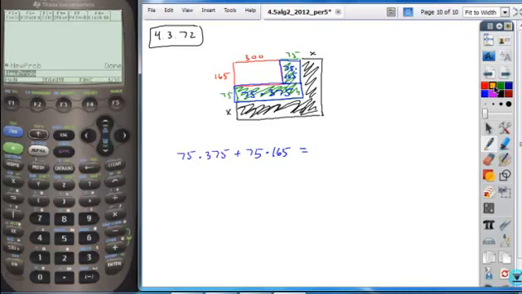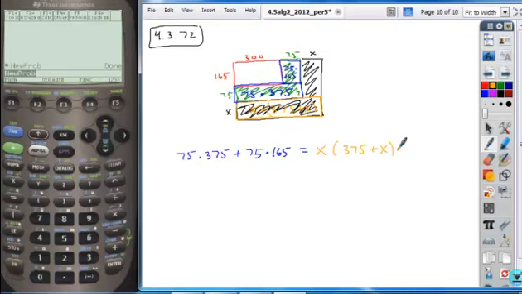Okay, so let's take a look at what we can do with this region, again breaking it up into similar pieces. We have one rectangle that's x width and a length of 300 plus 75 plus x, so 375 plus x. So x times 375 plus x.